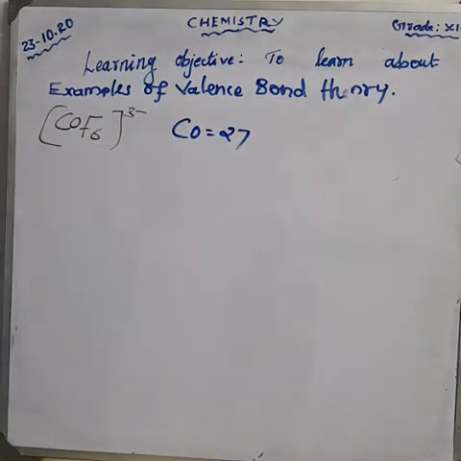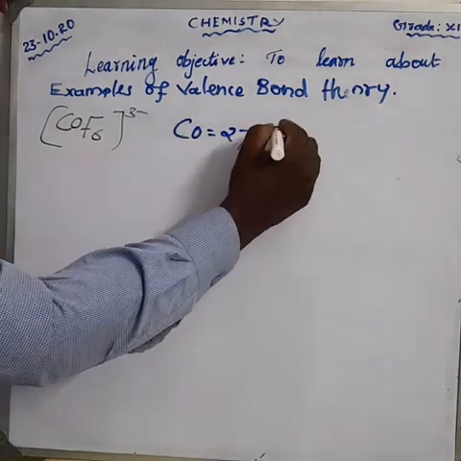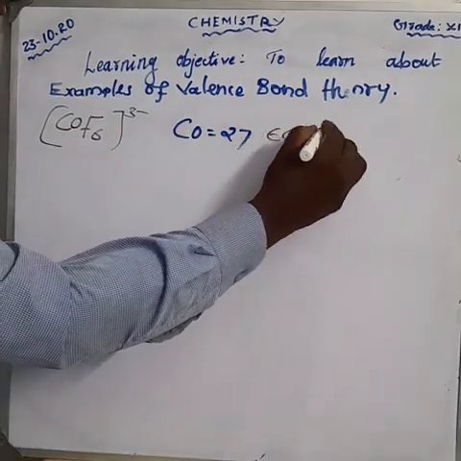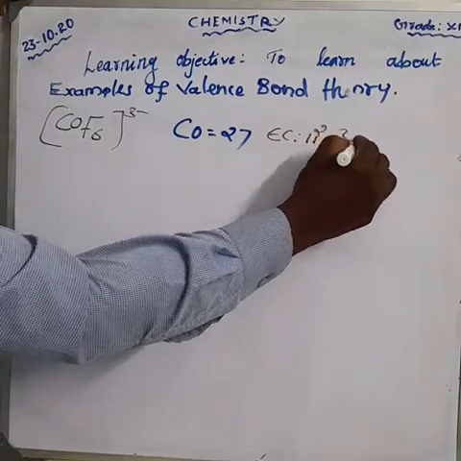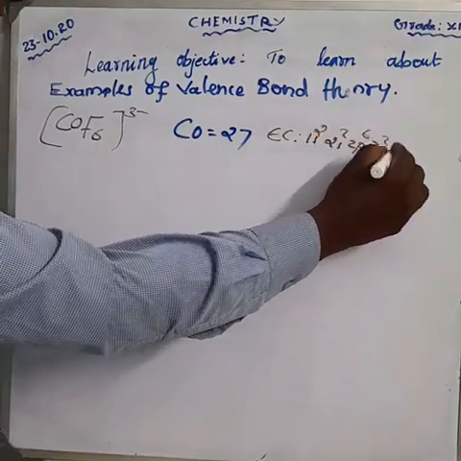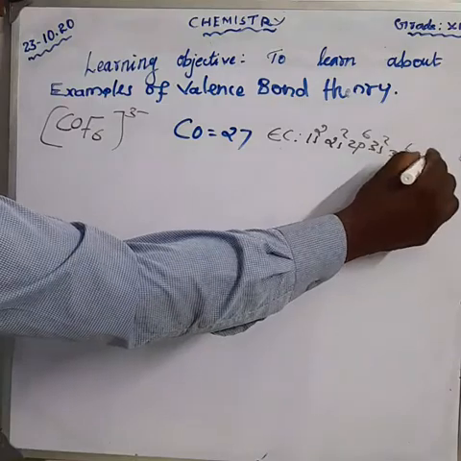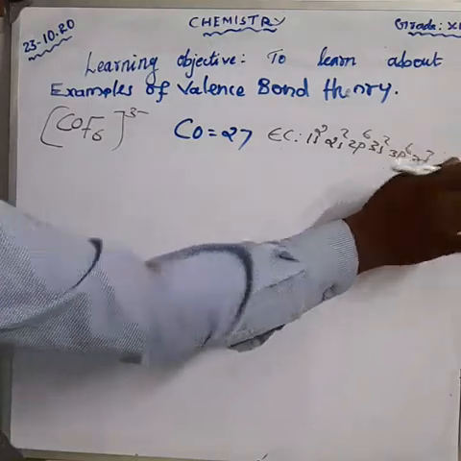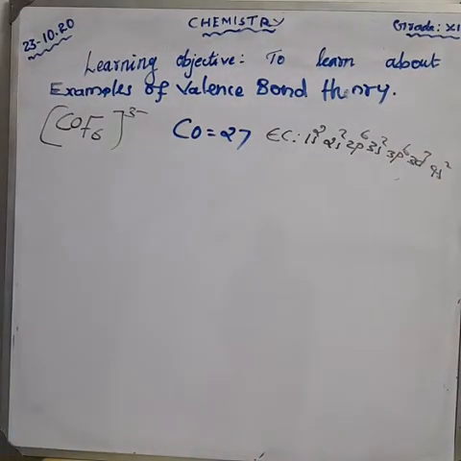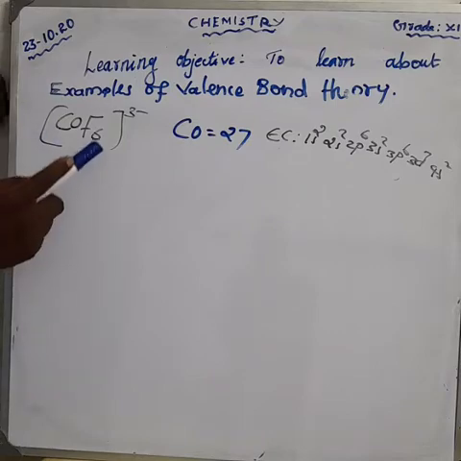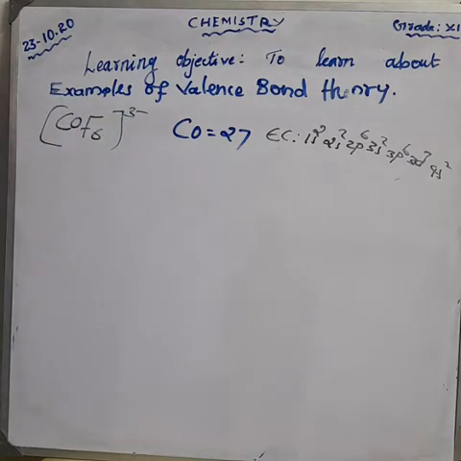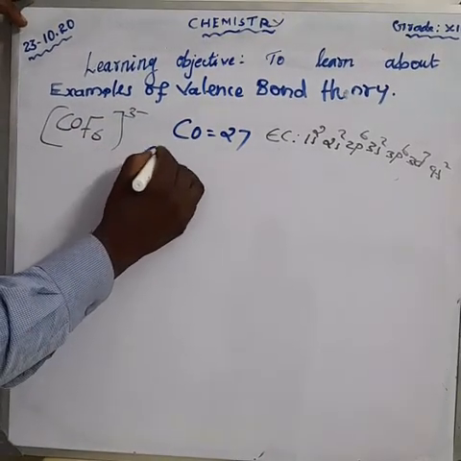What is the atomic number of cobalt? 27. How will you write the electronic configuration? That is 1s2, 2s2, 2p6, 3s2, 3p6, 3d7, 4s2. Here Co3+, because we have 3 minus, so we should write Co3+.